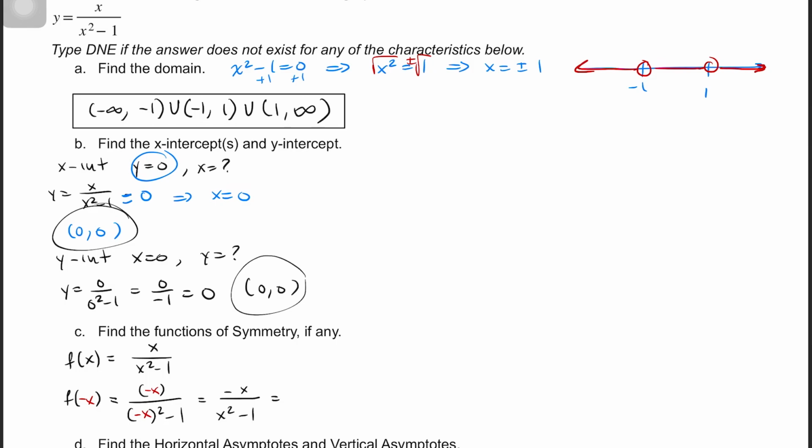If you notice, we can factor this negative in front, which gives us the original function times negative 1. We talked about this earlier in the other videos. Whenever this happens, this implies that there's a symmetry in the origin. So we have found a symmetry in the origin.